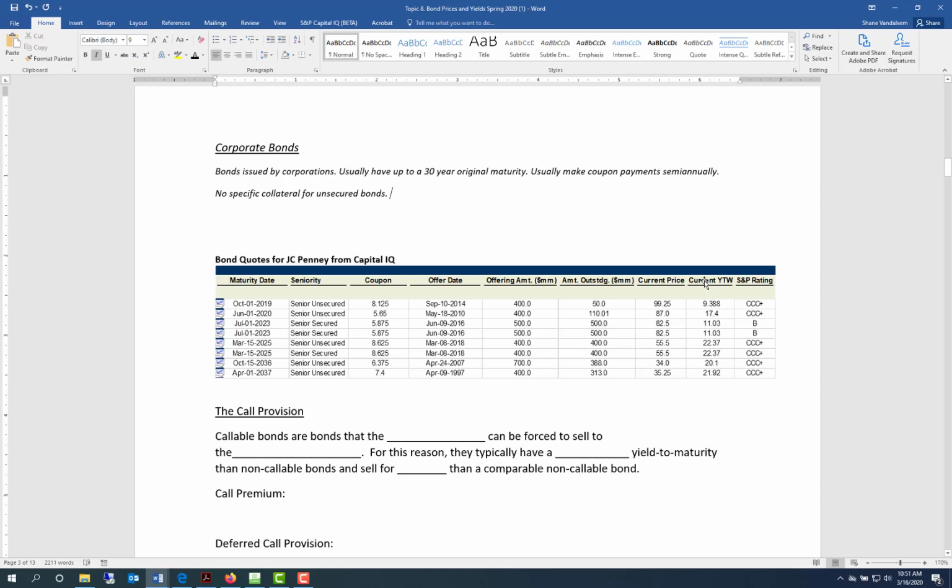The yield, so YTW from Standard & Poor's Capital IQ refers to yield to worst. I mentioned what yield to maturity was before.